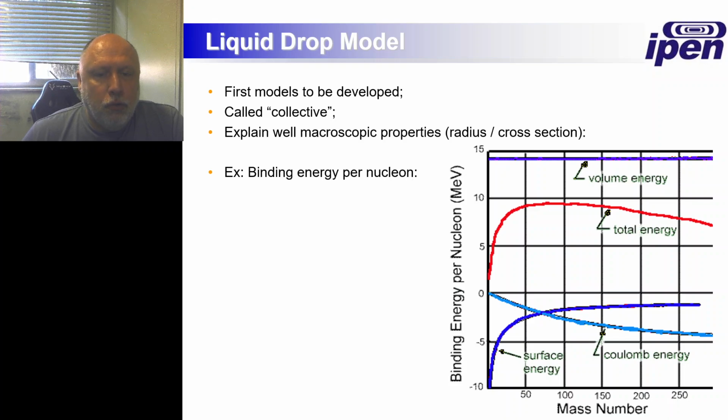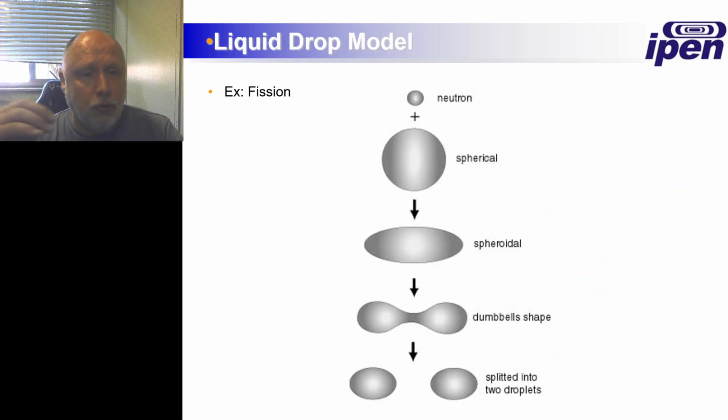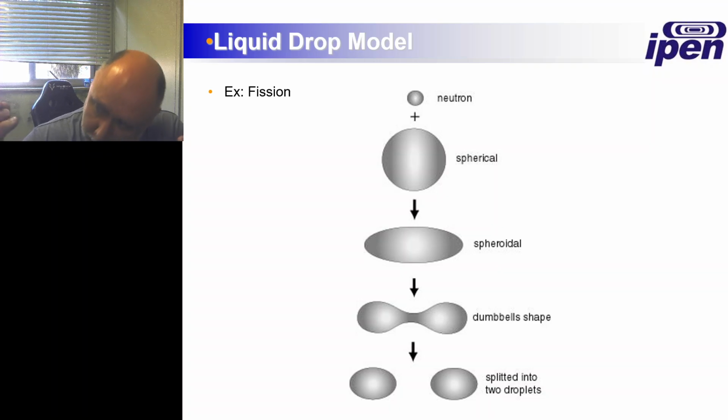We can do this just assuming the nucleus is similar to a liquid drop. It also explains nuclear radius. It's good to explain some general cross-section ideas. It's good to explain fission, for instance. Think of a liquid drop coming through your window.